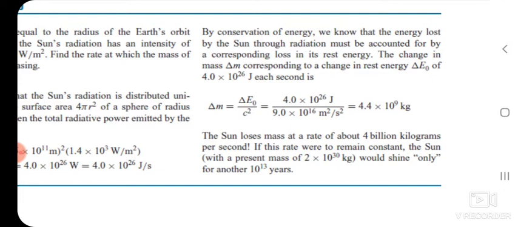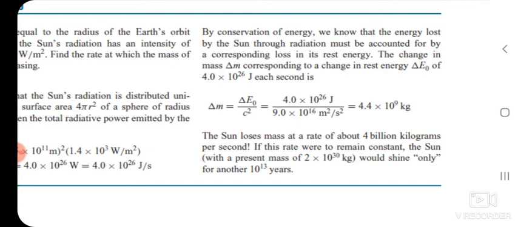Therefore, change in mass is equal to change in rest energy divided by c square. That is 4 into 10 to the power of 26 by c square, which is 9 into 10 to the power of 16, which is equal to 4.4 into 10 to the power of 9 kg. The sun loses its mass at a rate of about 4 billion kilogram per second.